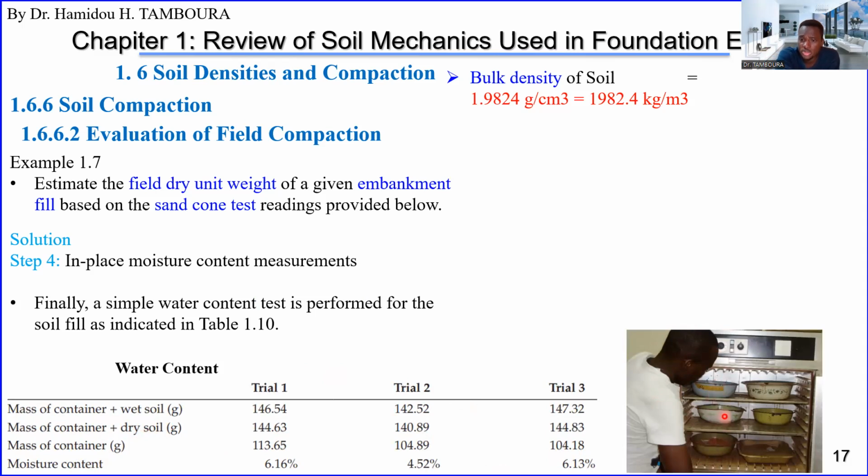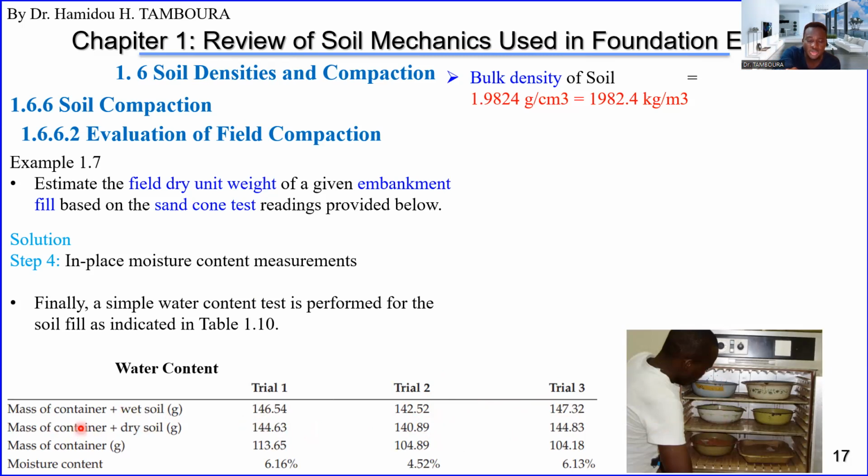So this container, as you can see here, this fixed container, the mass of the container plus the wet soil. First trial, this one. Second trial, this one. So you take 3 containers, 1, 2, 3, for example, and you take small amounts of soil from the hole, put it in each container and weigh it, the wet weight.